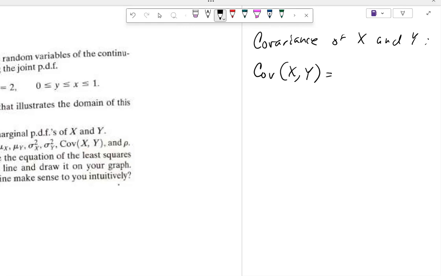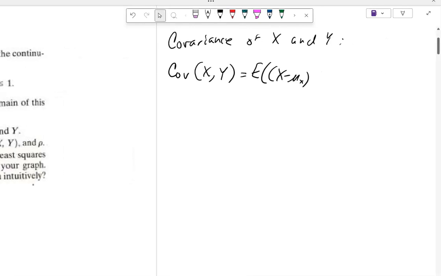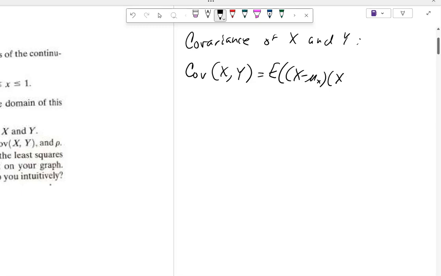So we define our covariance almost in a similar fashion, except that we're looking at a covariance, right? So we want to think about a quadratic piece almost, multiplying two things together. But since we're trying to figure out an interaction between the variables, what we do is look at an expected value of the deviation of X from its mean times the deviation of Y from its mean.